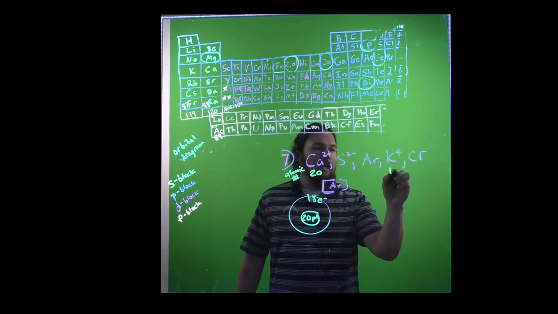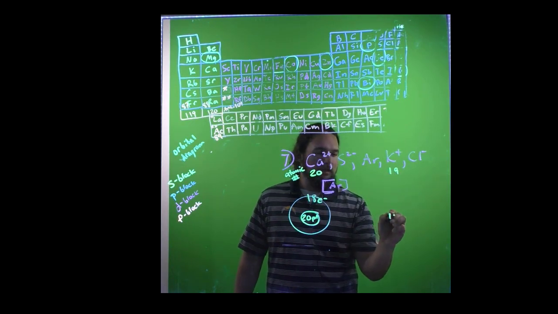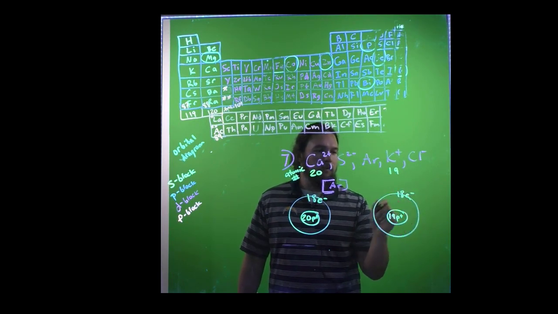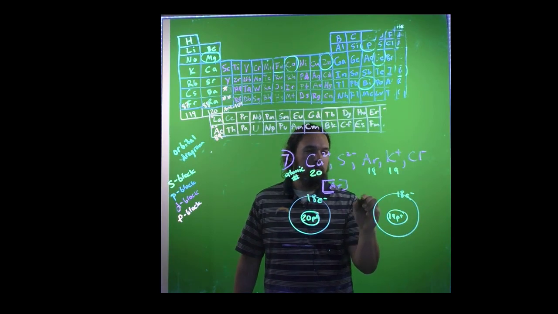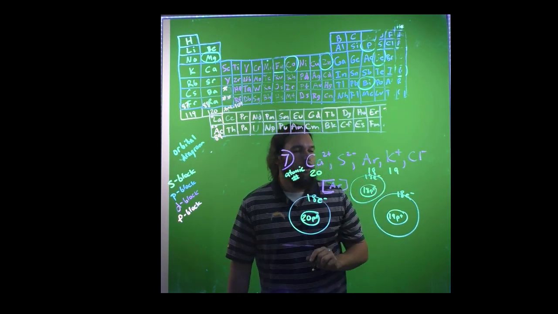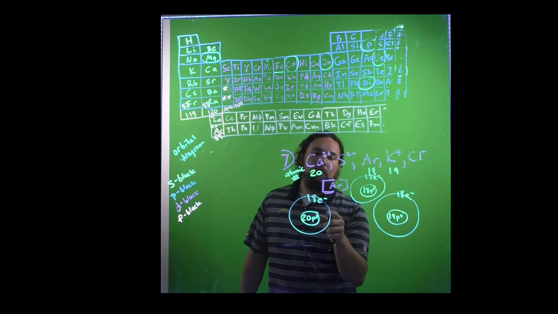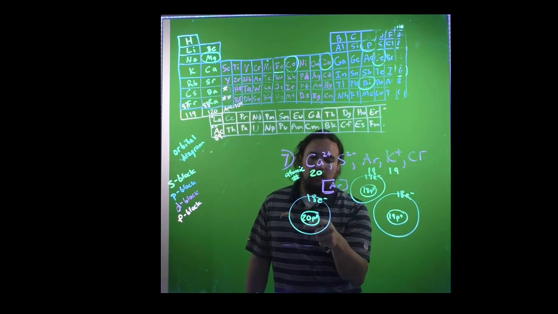Potassium has 19 protons in its nucleus and 18 electrons being pulled around. Argon has 18 protons and 18 electrons being pulled around. We can imagine that with the 18 electrons all getting pulled in, 20 protons will pull them in the most.